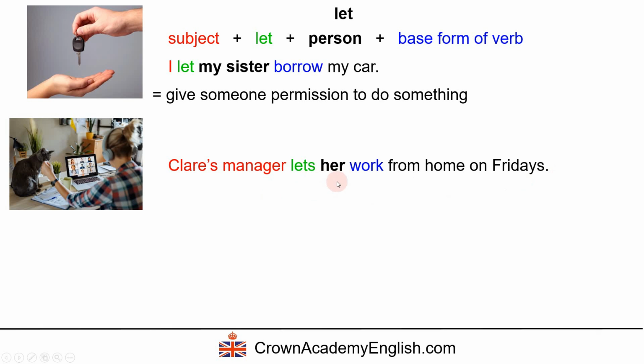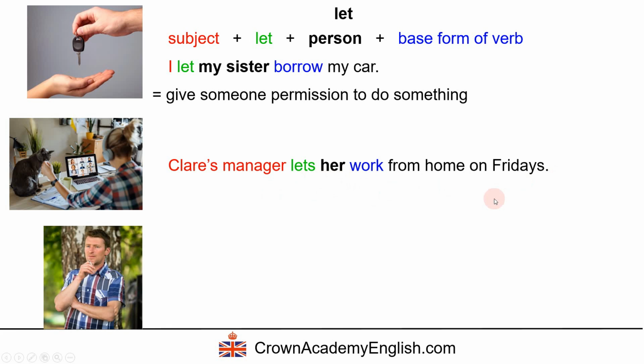And again, here we have the object personal pronoun. Jane doesn't let Mark smoke in the house. So here we have a negative when we do not give permission to someone to do something. So Jane does not give permission to Mark to smoke in the house. He must smoke outside of the house. Okay?